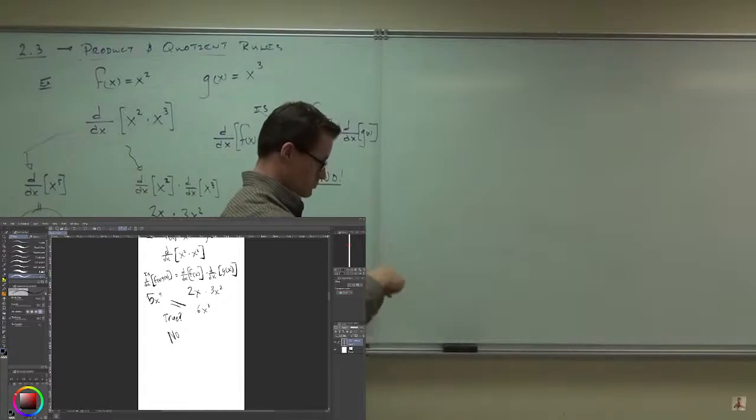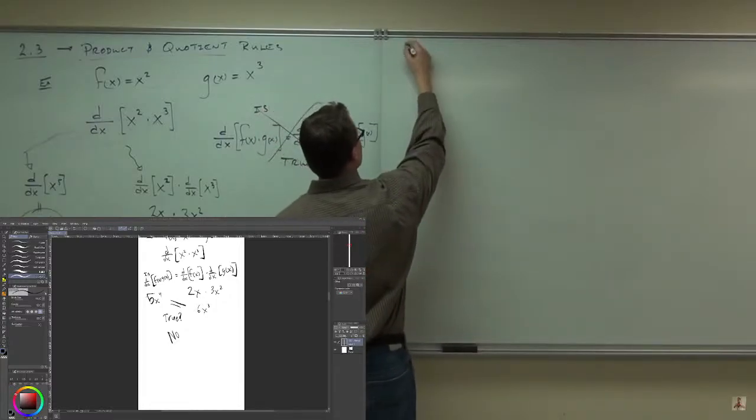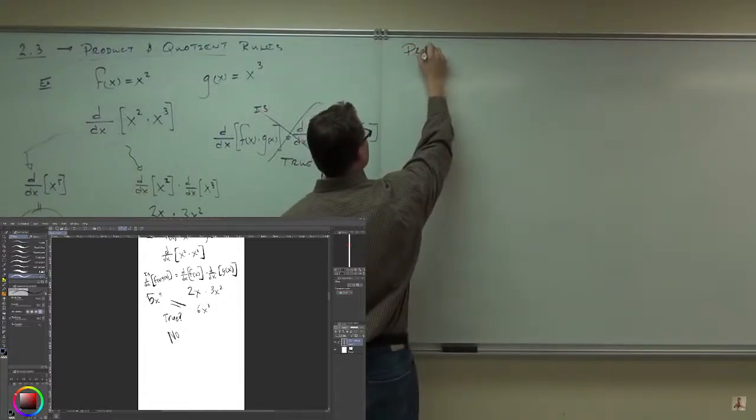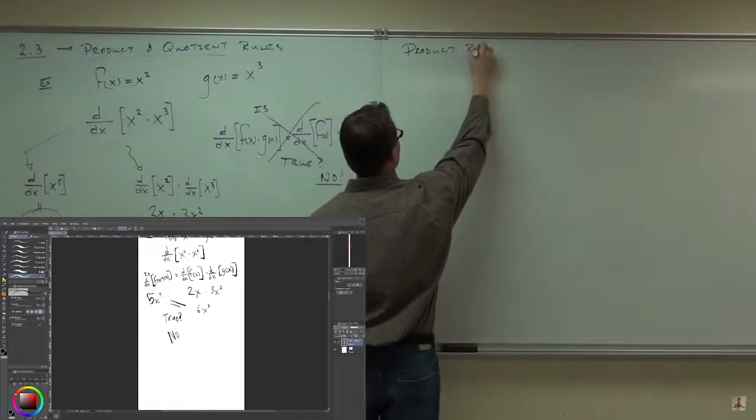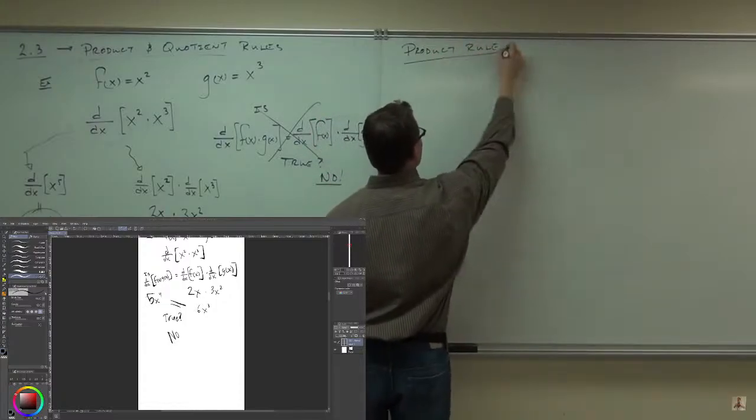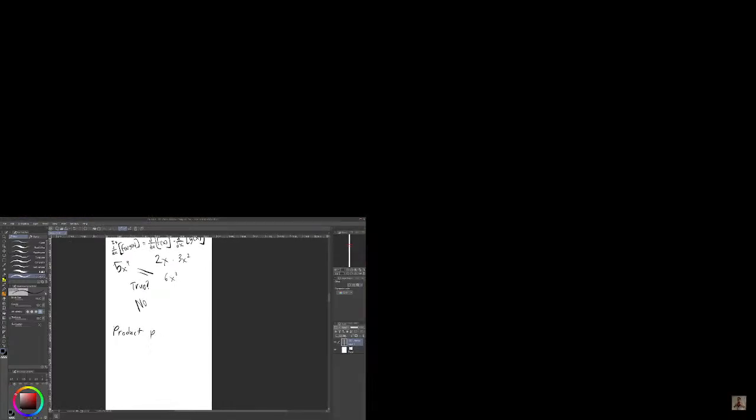So, product rule. Product rule says, if this doesn't work, what is the correct way?